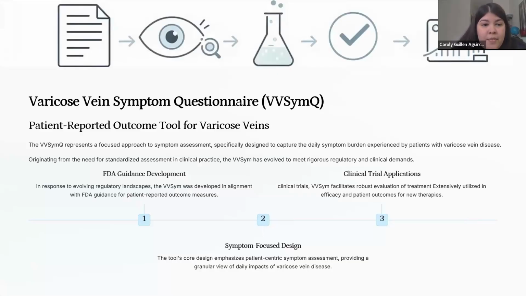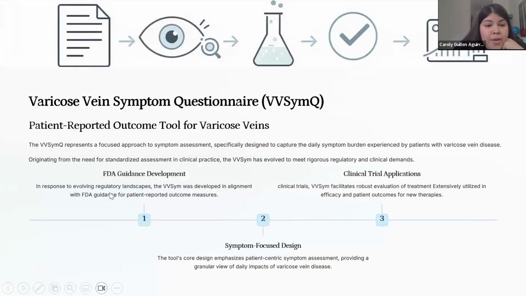And then we have the Varicose Vein Symptom Questionnaire, the VVSYM-Q. It is a patient-reported outcome tool for varicose veins, and it represents a focused approach for symptom assessment, specifically designed to capture daily symptom burden experienced by patients with varicose vein disease.